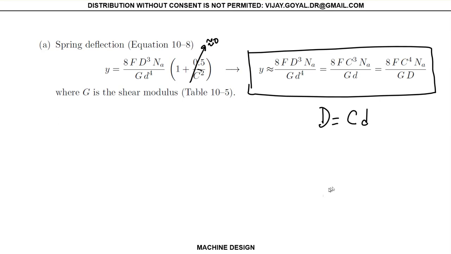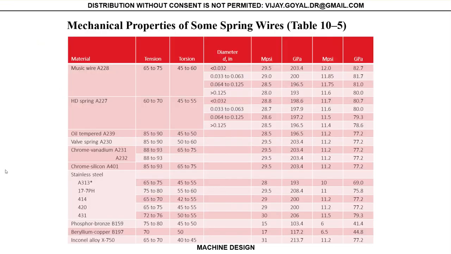Okay, and this G comes from the tables. This is your shear modulus, and it comes from this table right here, table 10.5. For an example, I'm working with high spring steel or stainless steel.